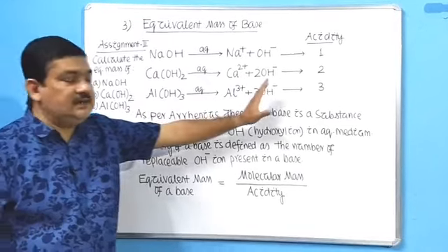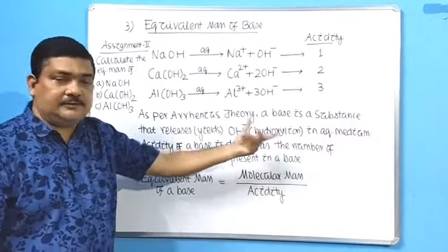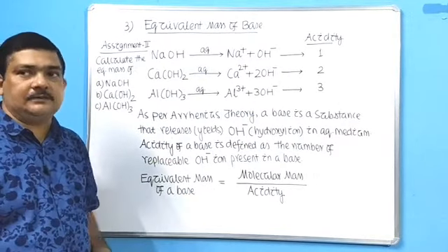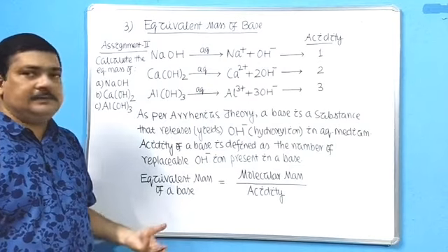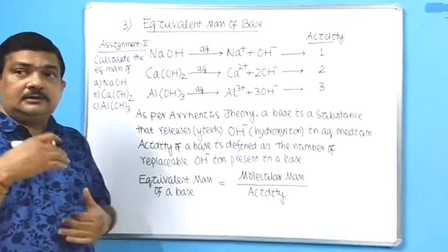So for these three I have calculated the acidity. I have given you the formula. You calculate the acidity, the formula is given. Simply you have to calculate the molecular mass divided by acidity. You will find the equivalent masses.